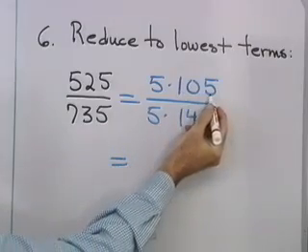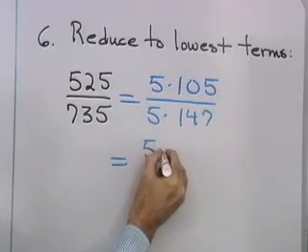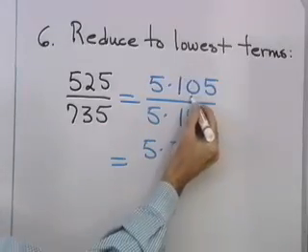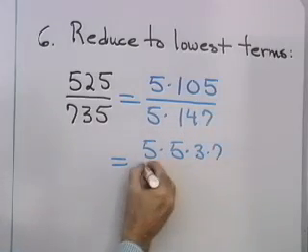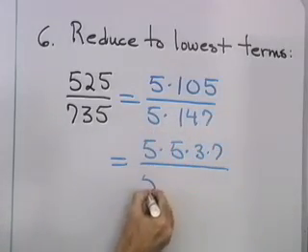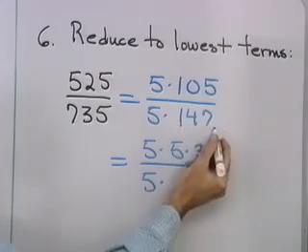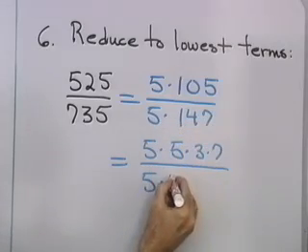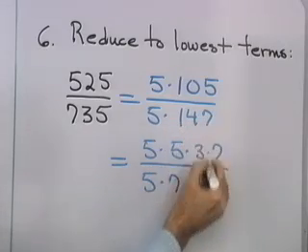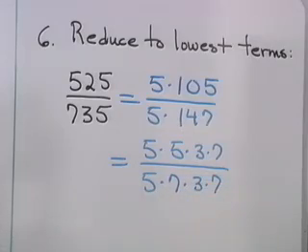Now, 105 is divisible by 5 again, so I have 5 times 5 times 21, and 21 factors into 3 times 7. Here I have 5 times 147. This looks to be divisible by 7, so I'll divide 7 in there. It's 7 times 21, so I'll factor that again, 3 times 7.